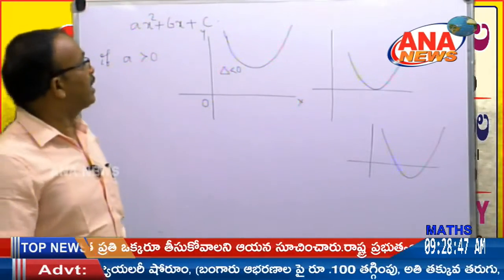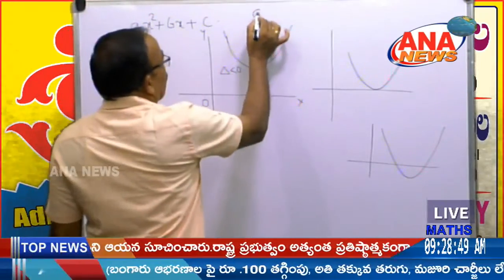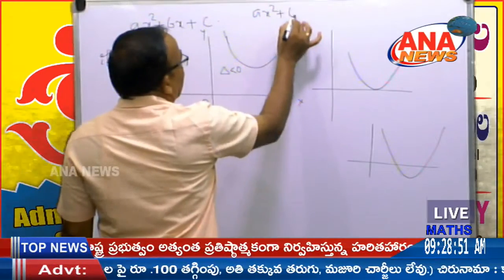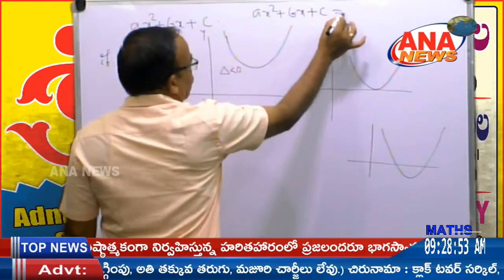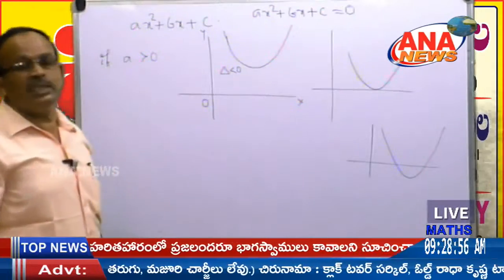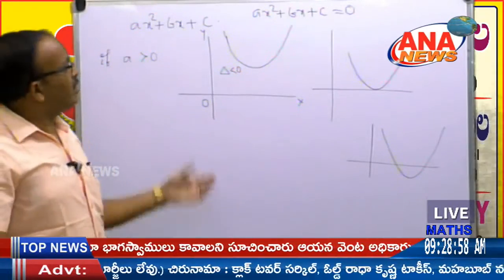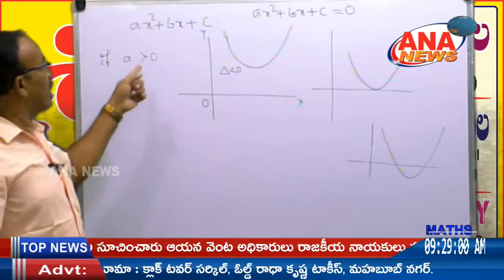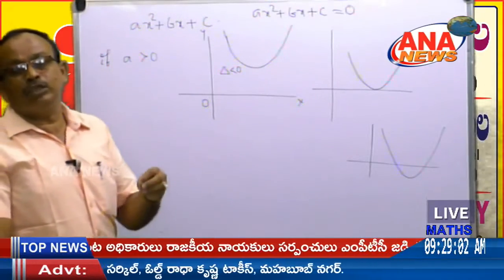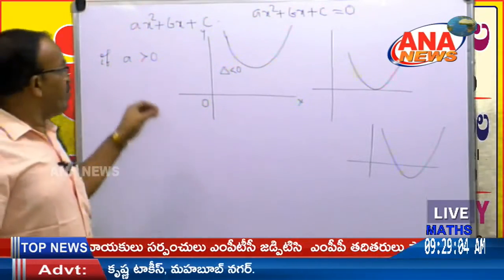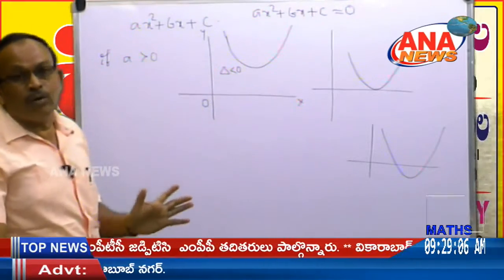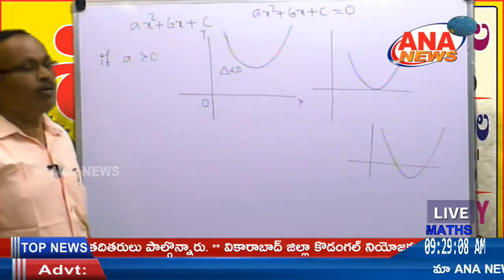ax square plus bx plus c is equal to 0 is a quadratic equation. Of course, a not equal to 0. Here a greater than 0 means a is positive. If a is positive, the curve opens to above.